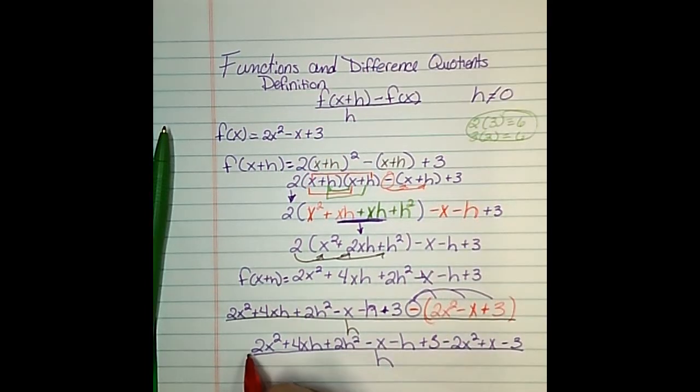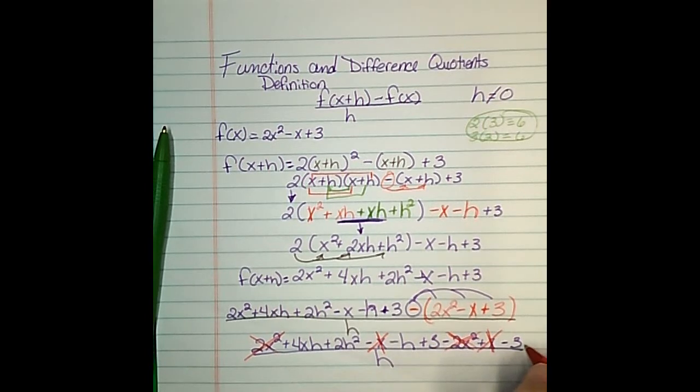So I see that I have a 2x squared and a 2x squared here, and this is a negative and a positive, so they go to 0. xh, no other xh. h squared, no other h squared. Oh, I do have an x here to the first power, and it's a negative and a positive one, so they go to 0.